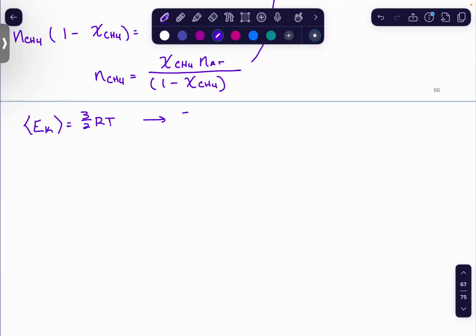Now my total kinetic energy is going to be total number of moles multiplied by my average, which is total number of moles times 3 halves RT. And I can plug numbers into this.